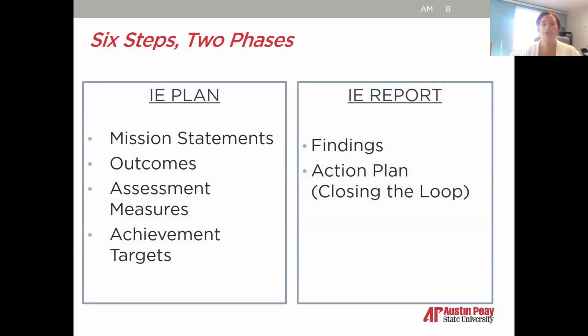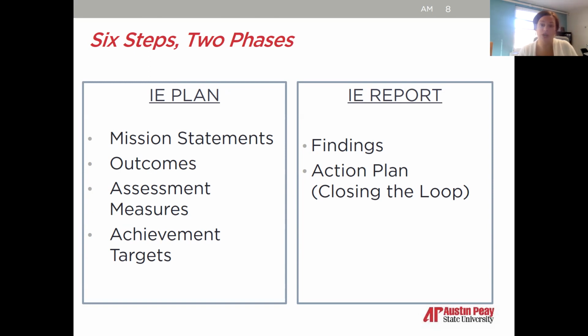At APSU, there's basically two big chunks of institutional effectiveness planning and reporting. One is the plan, which is what we're talking about today in terms of what we're asking you to submit for next year, 22-23, on that Word form. And that's these elements: a mission statement, your outcomes, the measures of those outcomes, and achievement targets for each of those measures.